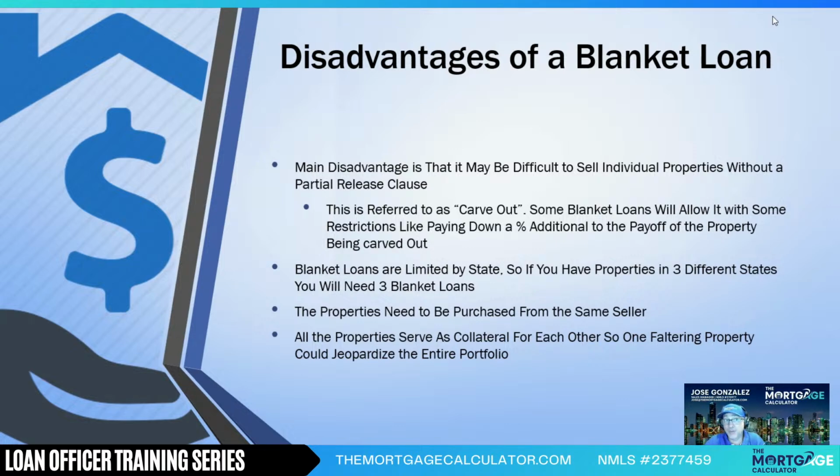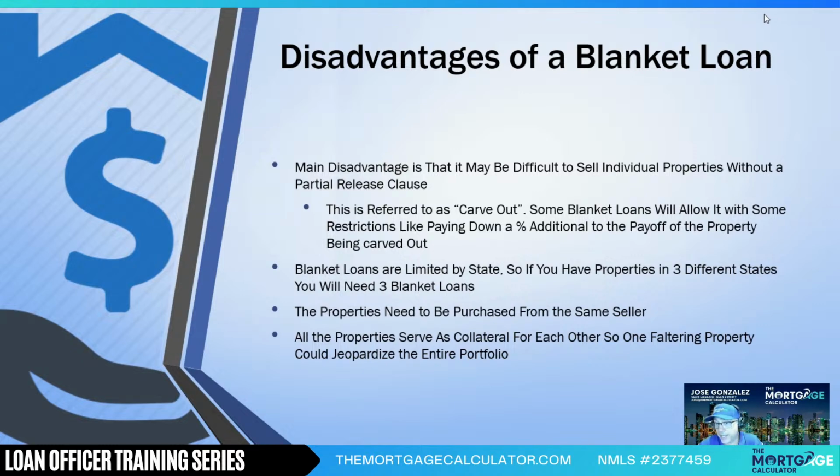So, for example, if you have properties in 3 different states, you're going to need 3 different blanket loans. You can't have 5 properties in Texas, 5 properties in Florida, and 5 properties in Georgia under one 15 property blanket loan, because each state is going to have different requirements for everything, including foreclosure requirements, for example, right? That's one of the biggest ones right there.